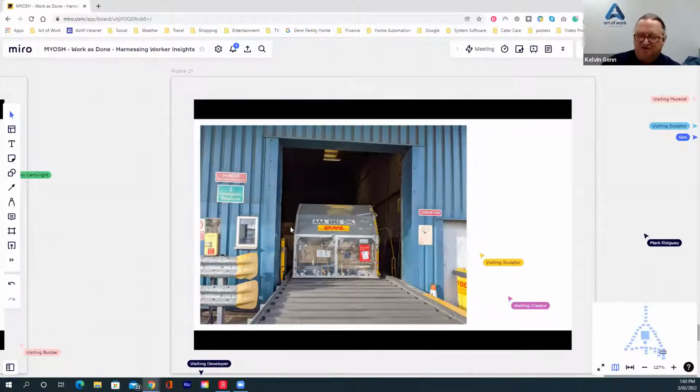What you can't see in here, beside the unit that's going to go onto the aircraft, is a little control panel. You can just see the back of it here. It's actually inside the door, which controls the movement along the conveyor.